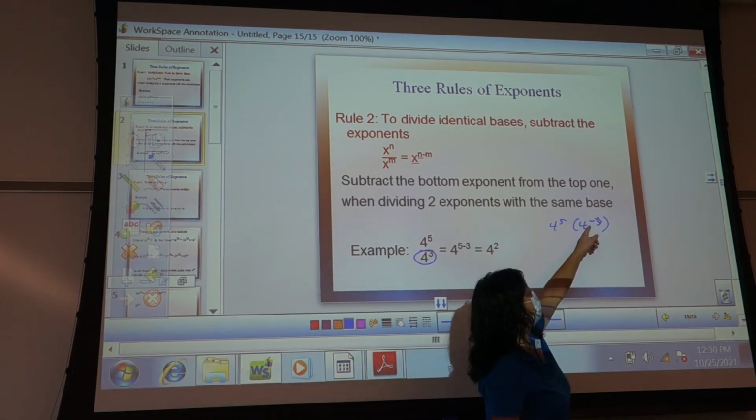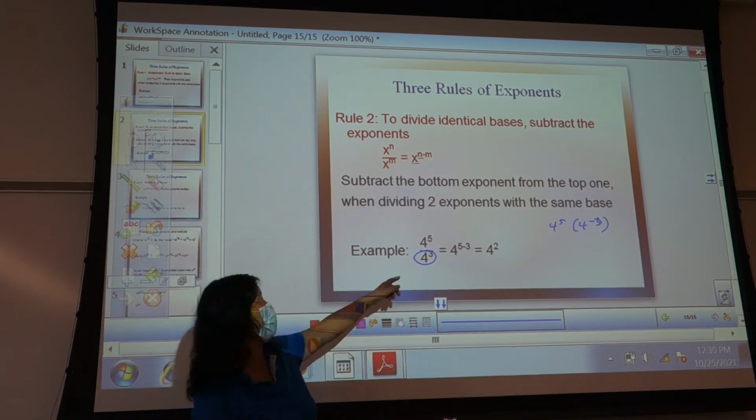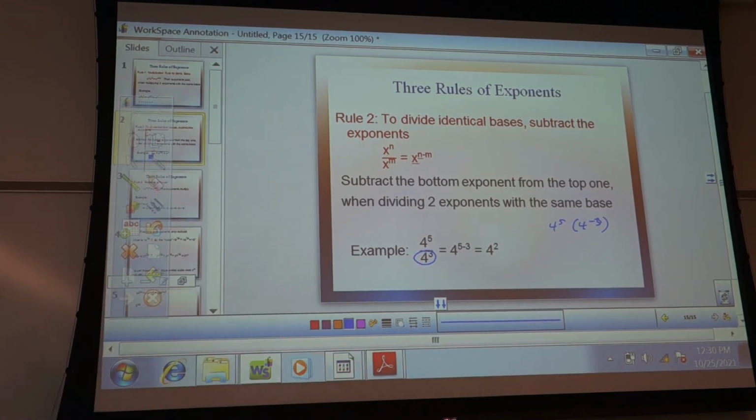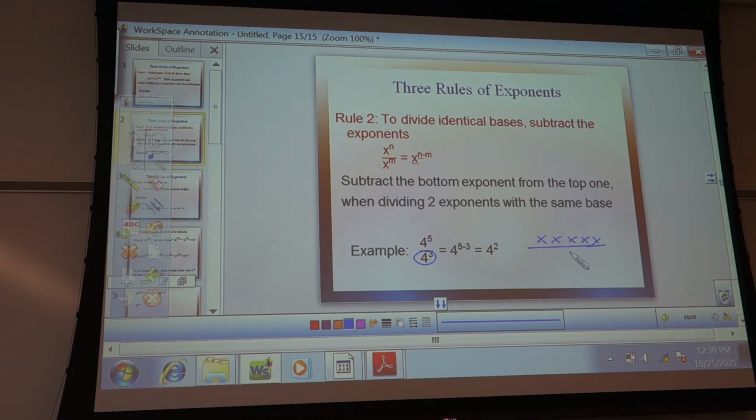So 5 minus 3. You subtract the ones on the bottom. Or you know what, you don't even have to think about it that way. You can do it like this because they cancel out. It's probably an easy way to jump that. I'm going to use x's instead because they're easy to draw. 5 of them on top, you have 3 of them on the bottom.